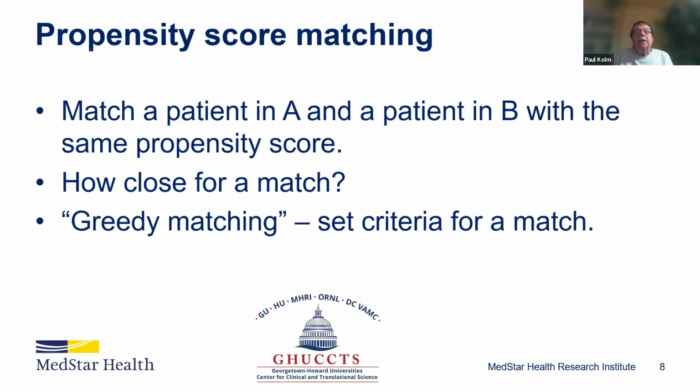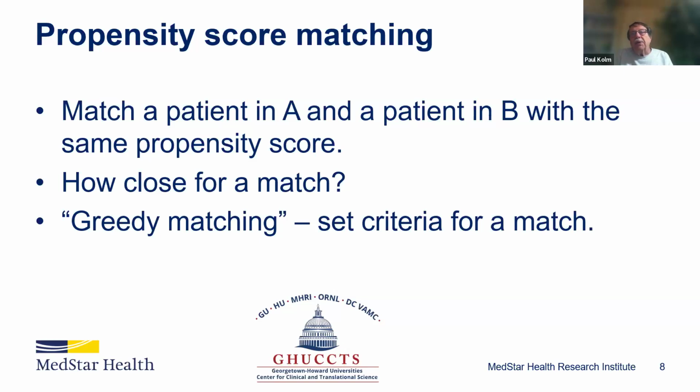Now, obviously, you're not going to get, or rarely do you get, exactly the same propensity score. So the question comes, how close do the propensity scores need to be to match the patients? And so what we do then is we set some criteria for a match.